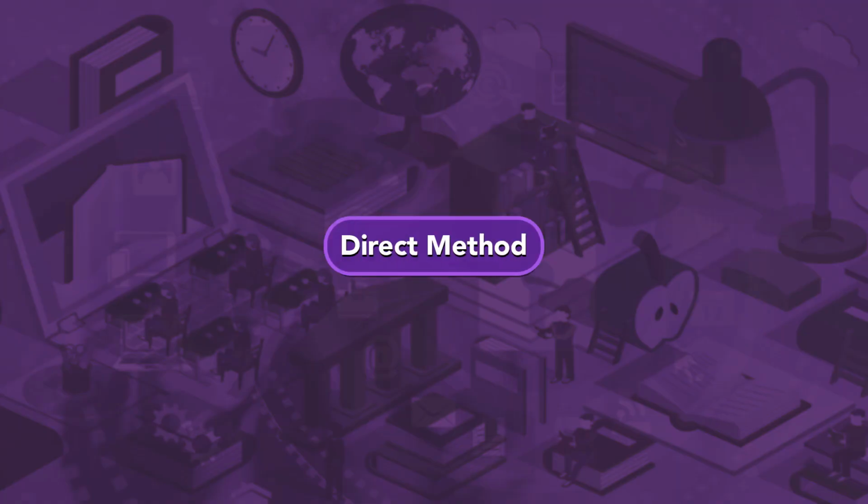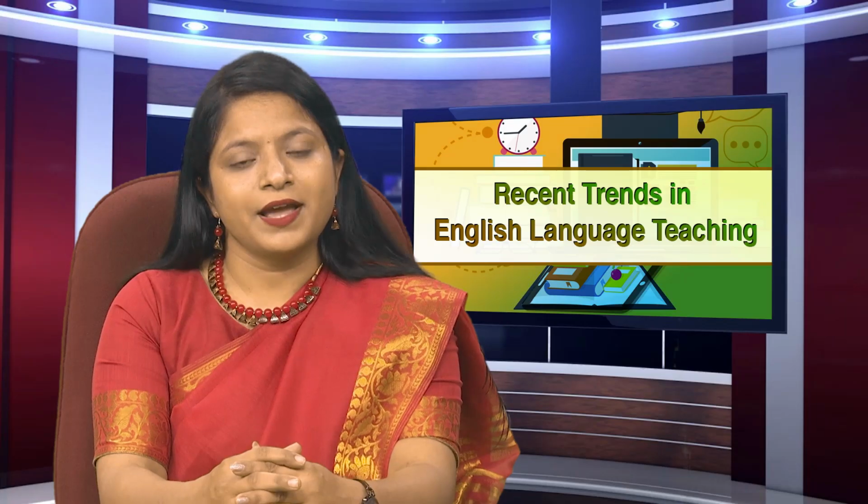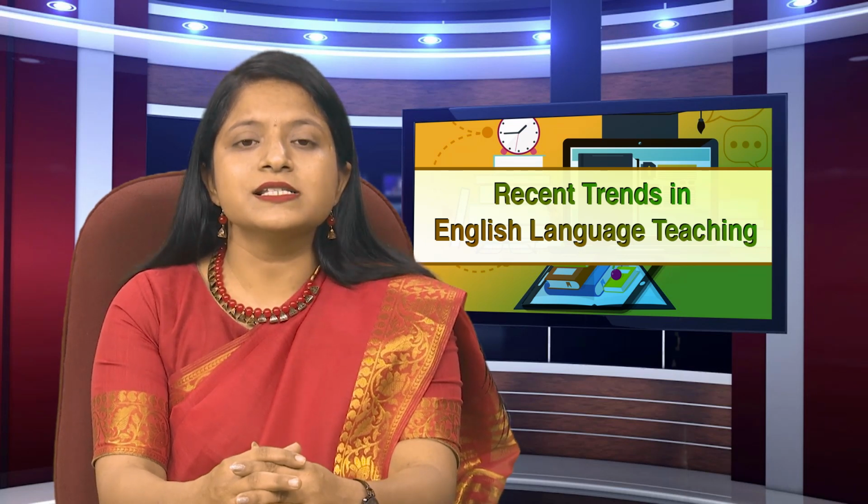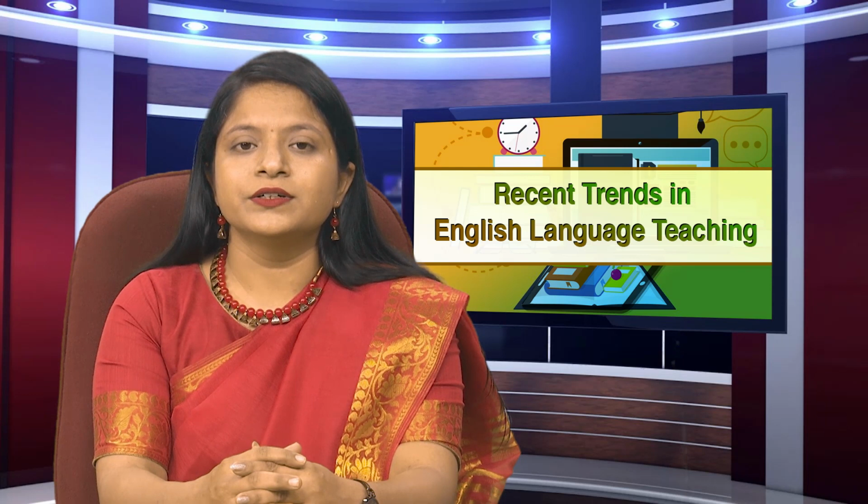Second, a historical trend in English language teaching and learning is the direct method. As we know, many teachers call it DM. This is another emerging trend to learn the English language.